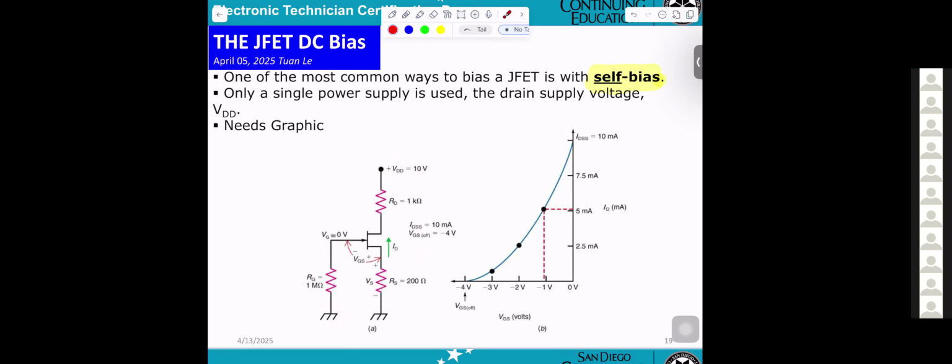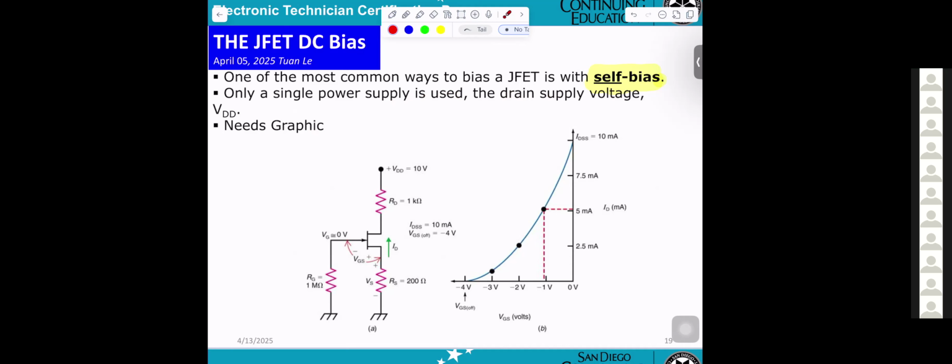So basically, they need only one power supply, not two. So this is what we call self bias, one of the most common ways. Only a single power supply is needed, which is the drain supply voltage, VDD.